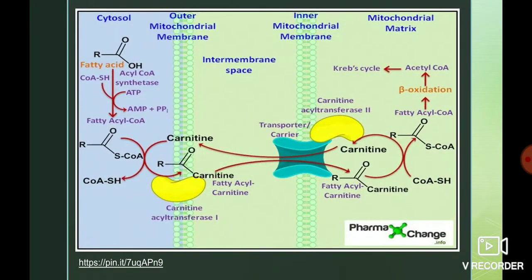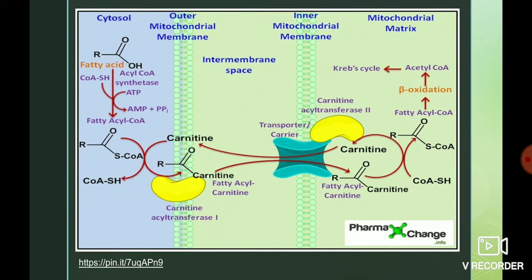So here is the diagram. On the left side of the diagram, you can see the reaction in purple color. This is all about the activation of fatty acids. We have already discussed this. So acyl-CoA will bind to the carnitine to form acyl-carnitine.